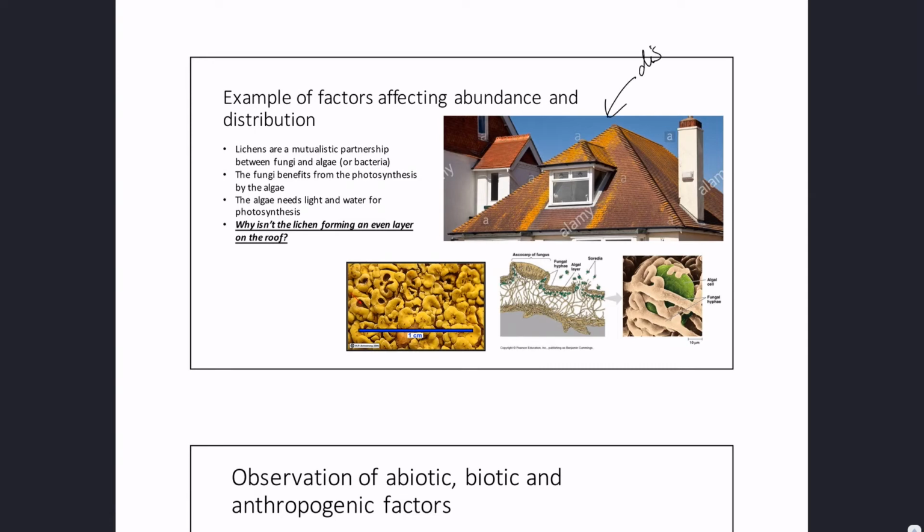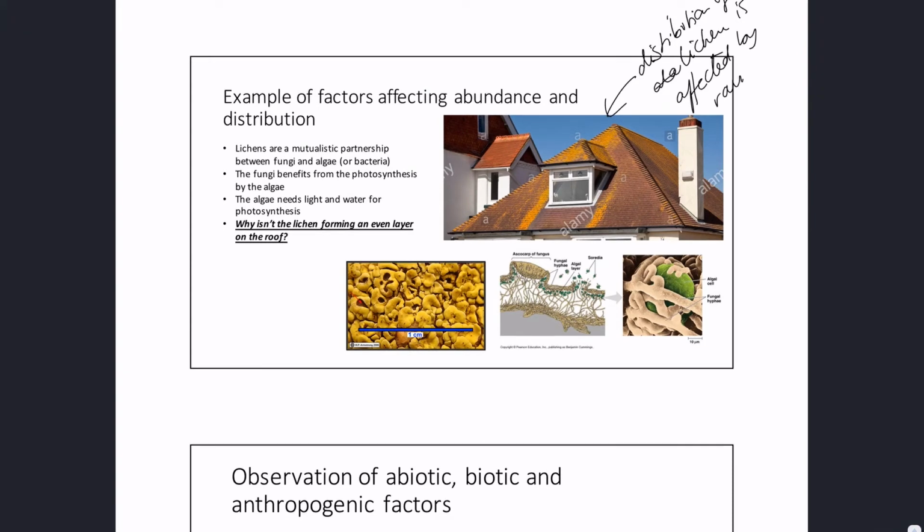Okay, and then if we look at the distribution here, what we're saying is that the distribution of the lichen is affected by the rainfall and the slope of the roof, which makes some parts of the roof have more water availability or retention than other places.